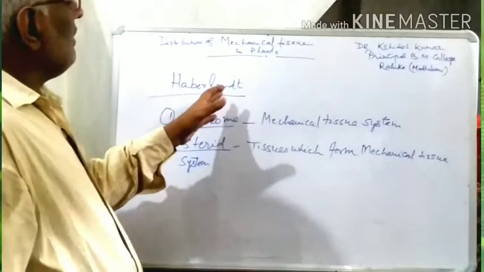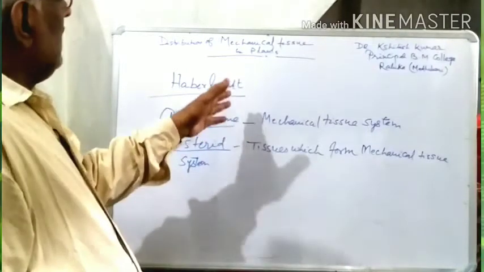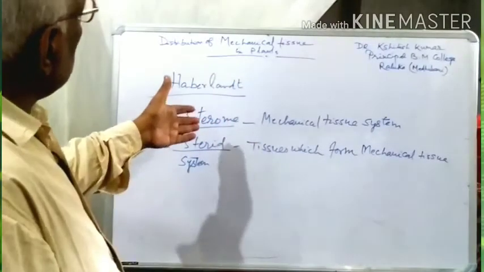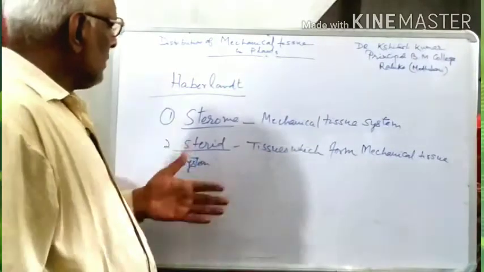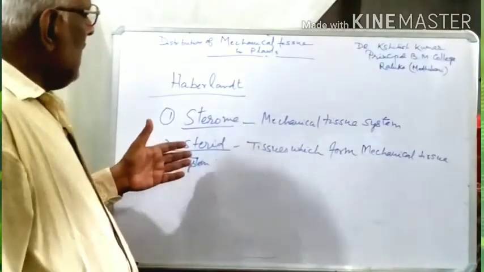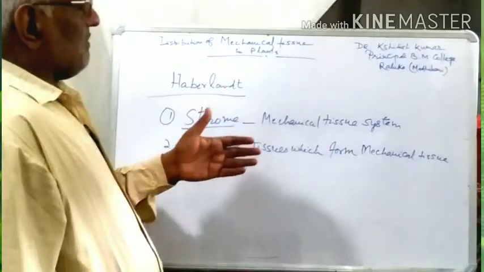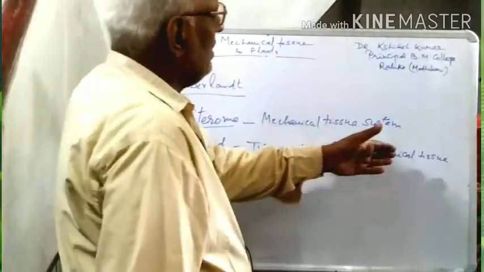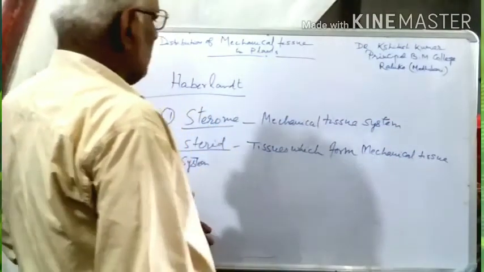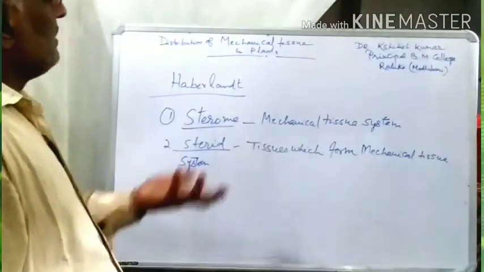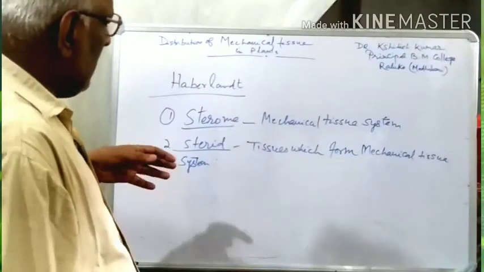So Haberland was one of the anatomists who proposed two terms: stereome for the mechanical tissue system inside the plant, and stereid for the tissues which are included in the mechanical tissue system, which form the mechanical tissue system inside the plant.